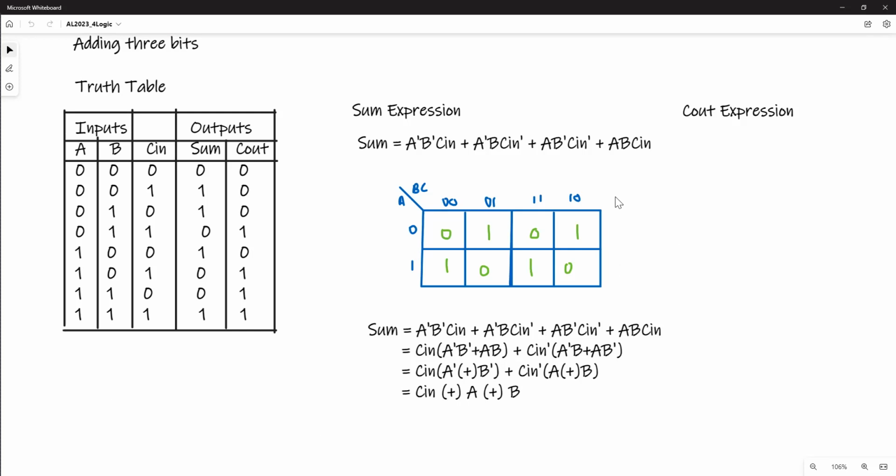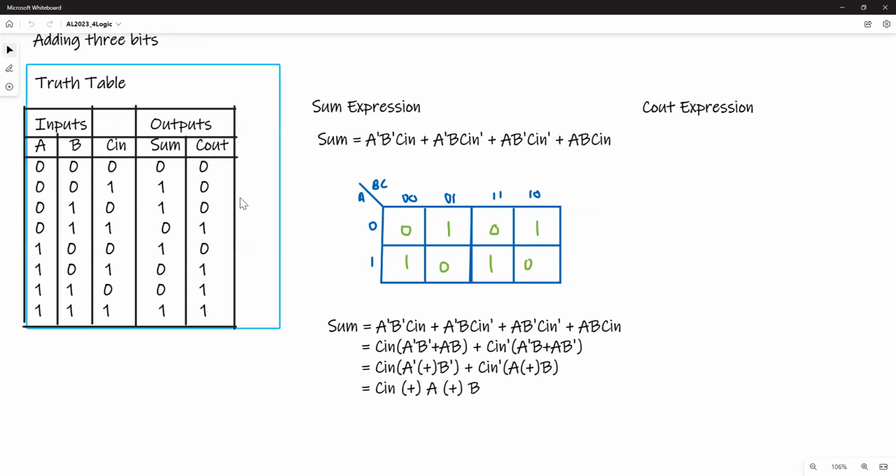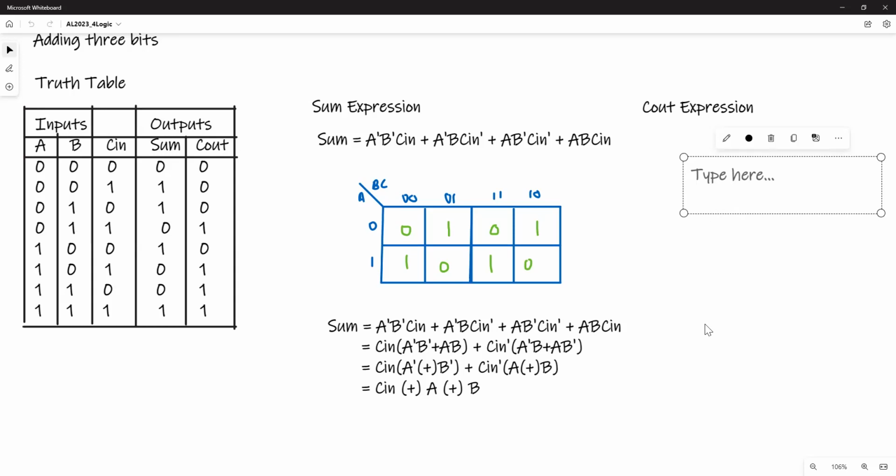So carry out will also be like this. Let's write down the expression for carry out. I will take a text box here. Right. Now the carry out should be, now we have to write the expression from here.